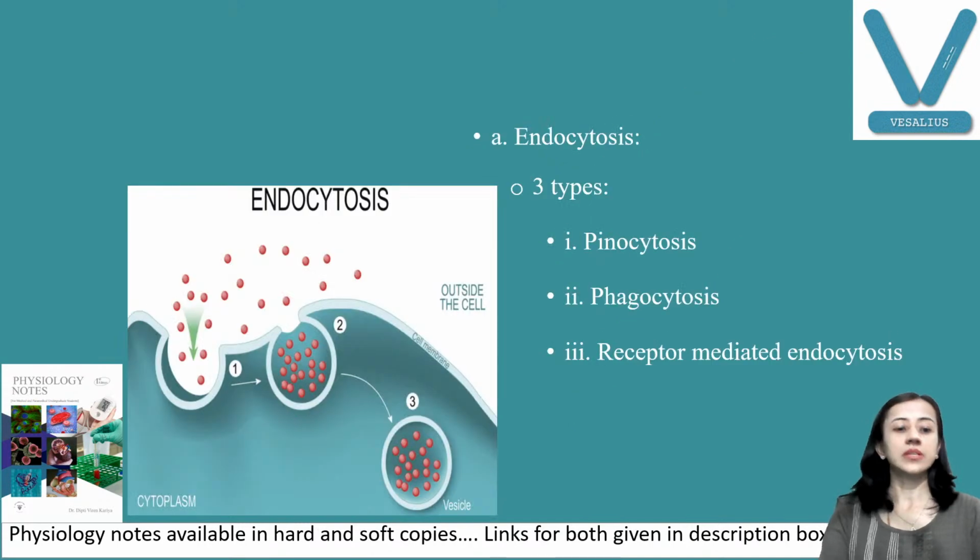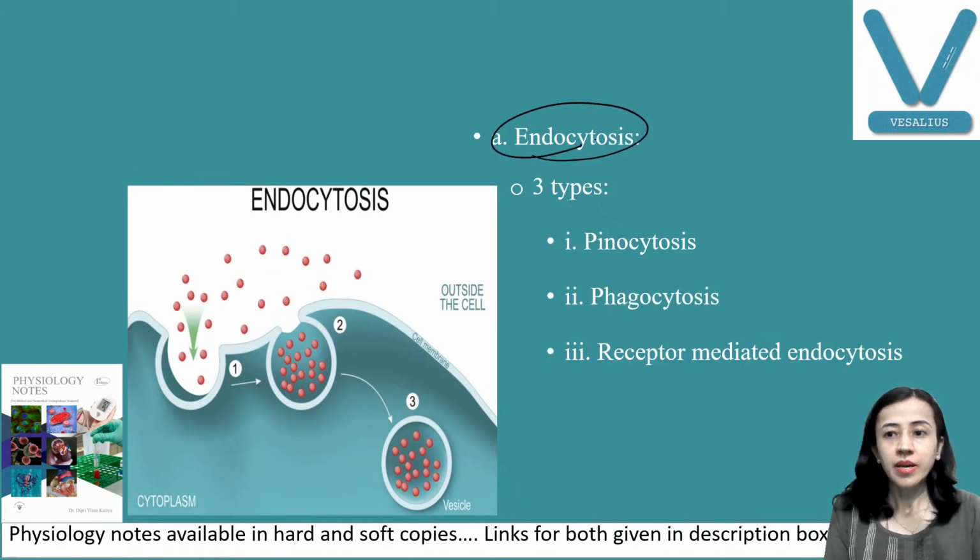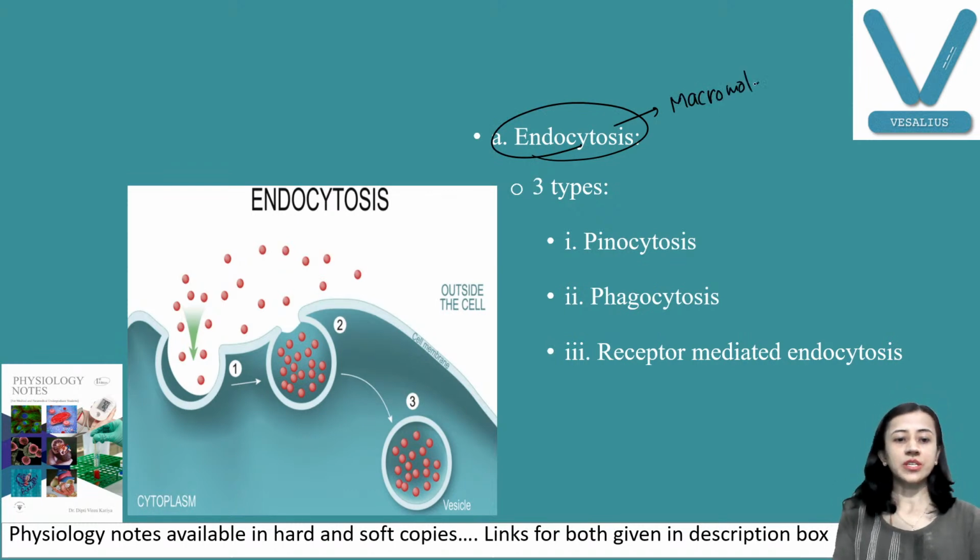Starting with endocytosis. Endocytosis means entry of macromolecules. The molecule is large, so it cannot enter by any other way of transport, but the macromolecule enters inside the cell through endocytosis.